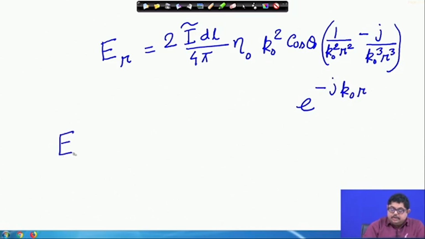There is also an E theta component, all these are phasor quantities.